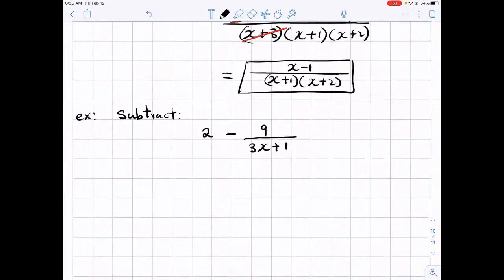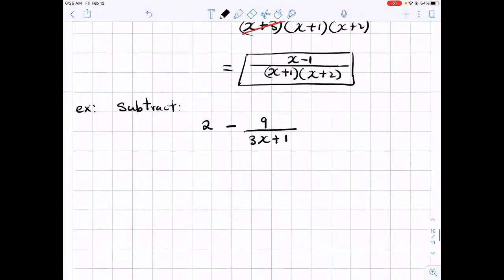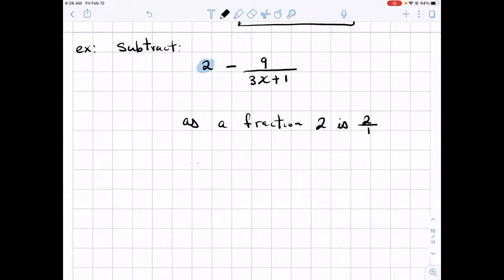But if you make a slight change, you can rewrite 2 as a fraction. As a fraction, 2 is 2 over 1. So I can write this as 2 over 1 minus 9 over 3x plus 1.